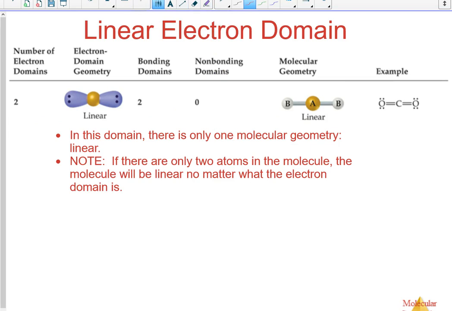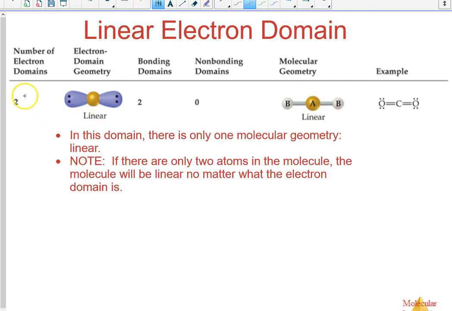So linear is the easiest one. In this domain, there is only one molecular geometry, and that is linear. So the reason why is here in this note. If there are only two atoms in the molecule, it will be linear no matter what the electron domain is. And so if we only have linear, we have two things around the central atom, or just one thing around the central atom, and it's still just a linear compound.